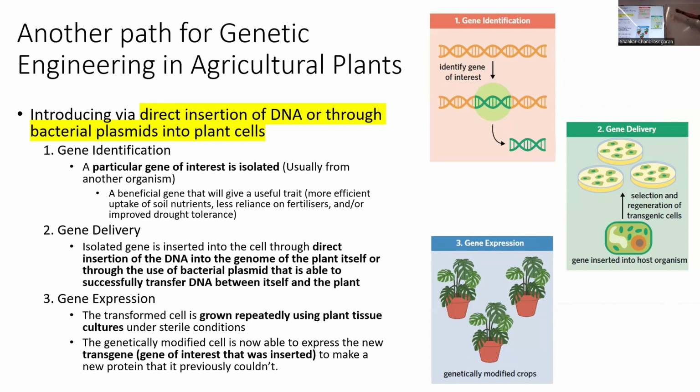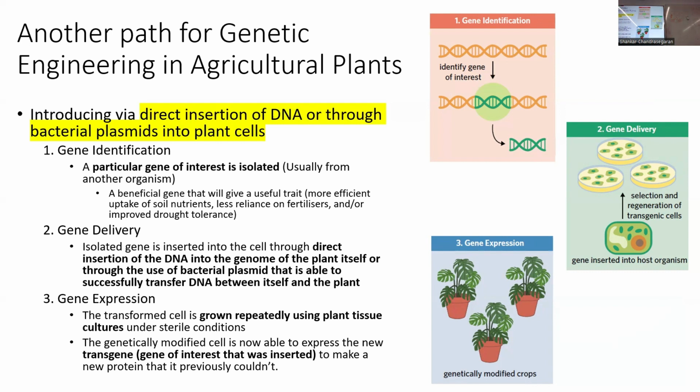So by inserting one plasmid into the bacteria, we can possibly make the bacteria accept it. So that is what bacterial plasmids are, right? By inserting this bacterial plasmid directly into the plant, they can be grown repeatedly using plant tissues, and then eventually grown into a full plant. Sorry, suddenly lost.